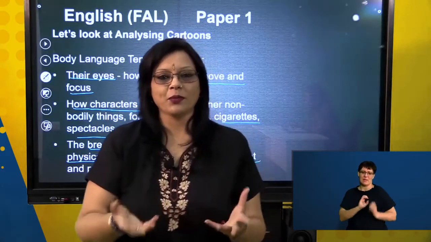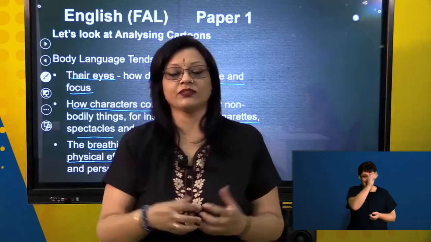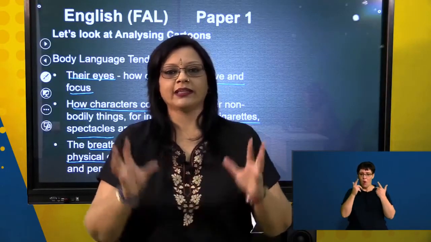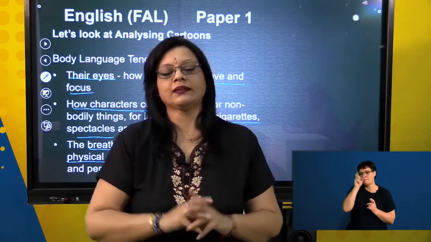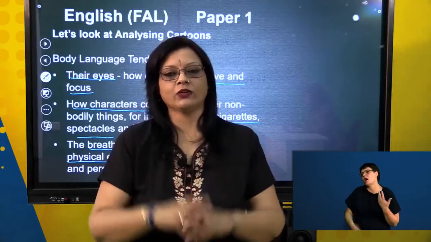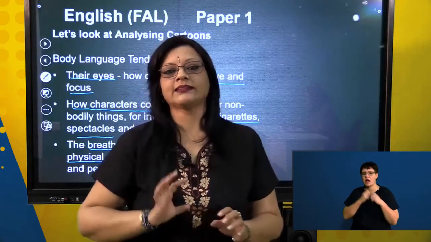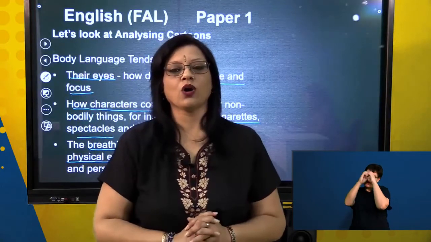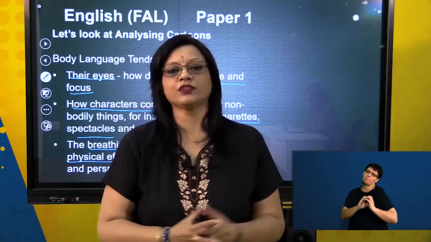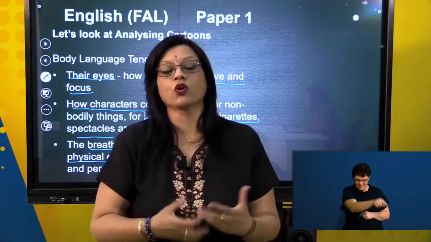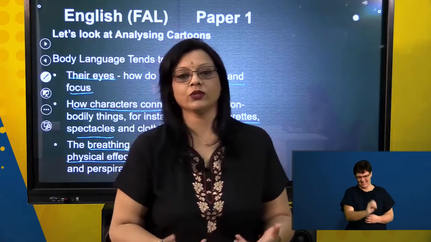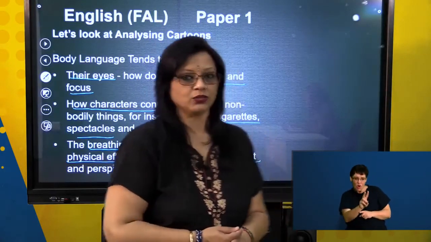So think about that. Sometimes in a cartoon, if it's a cartoon about love, and there could be this man that's obviously gaga over this lady, he could have hearts in his eyes, his heart could be sticking out of his body. It's just a little visual something to say that there's romance in the air. So we need to look at all these things when we're analyzing cartoons.